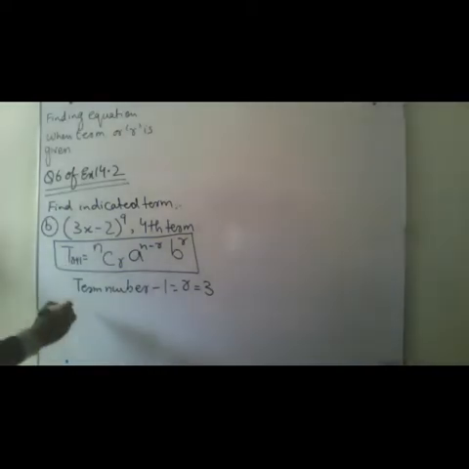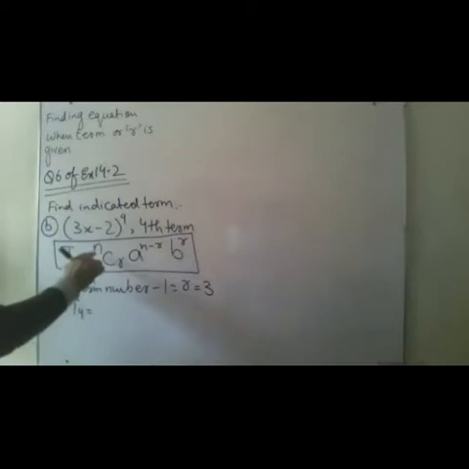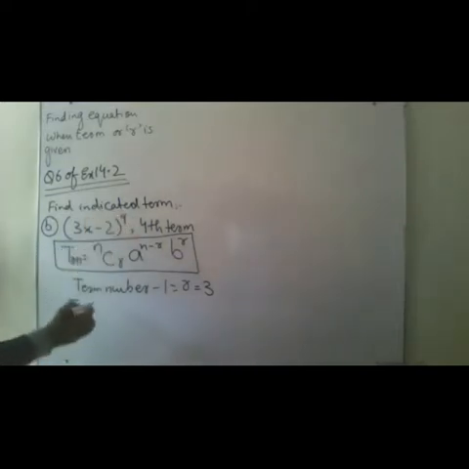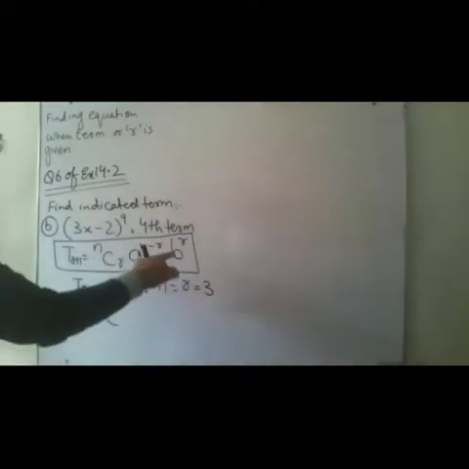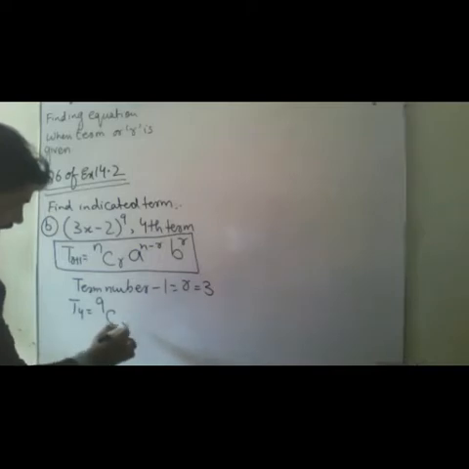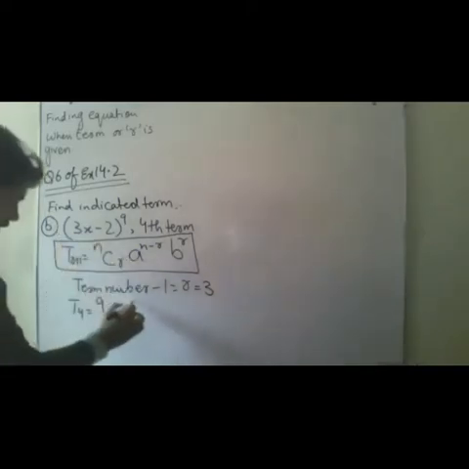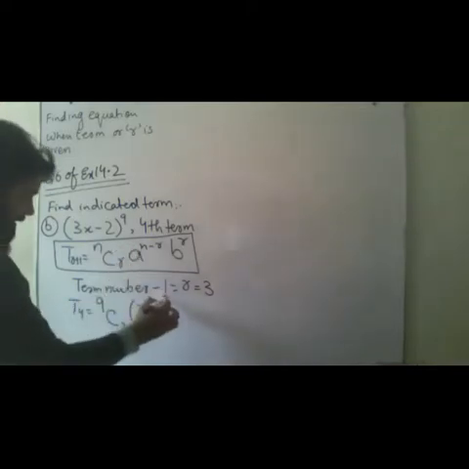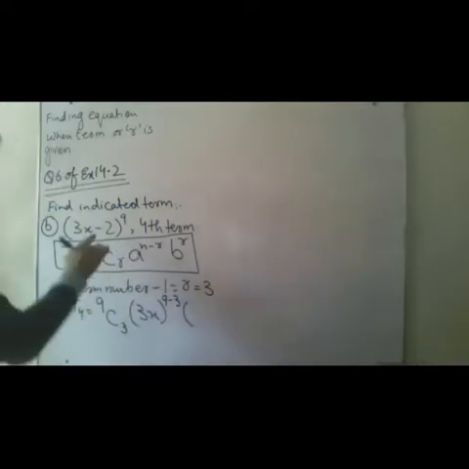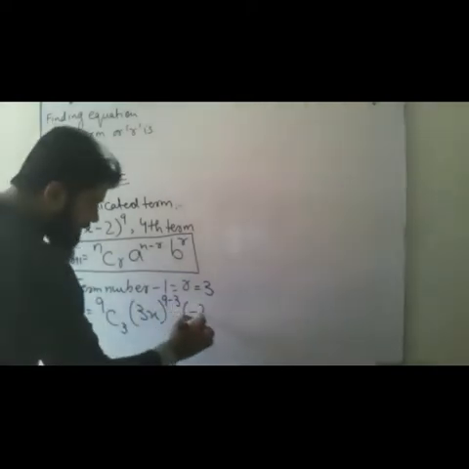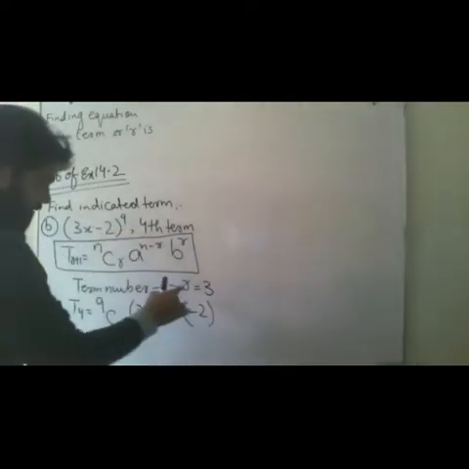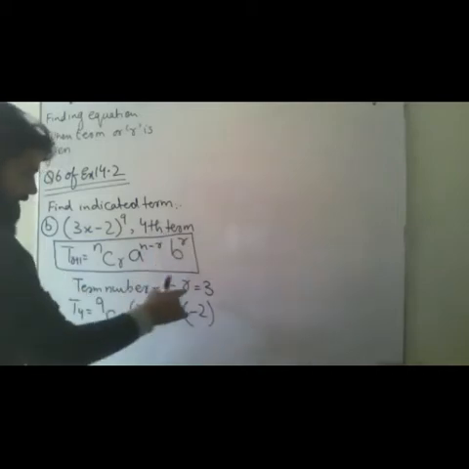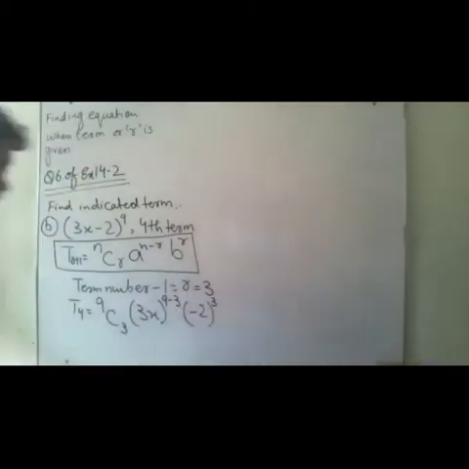So writing it over here, T4 equals, what is n? n is the highest power on the bracket, that is 9. C, r is given, 3. What is a? Your first term, 3x, with power n minus r, that means 9 minus 3. What is b? b is given, minus 2, and b to the power r, where the value of r is 3.